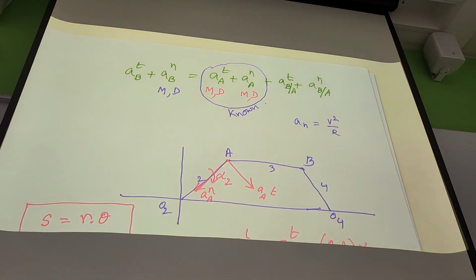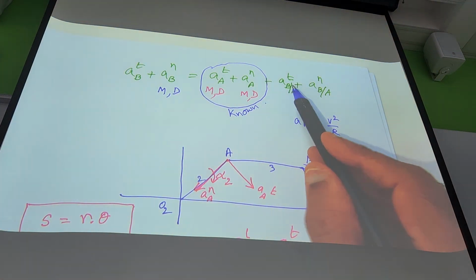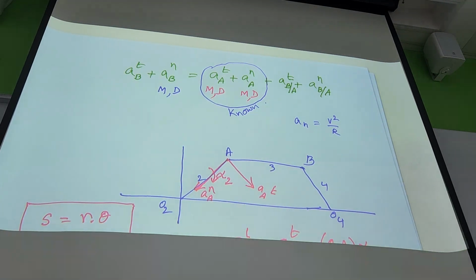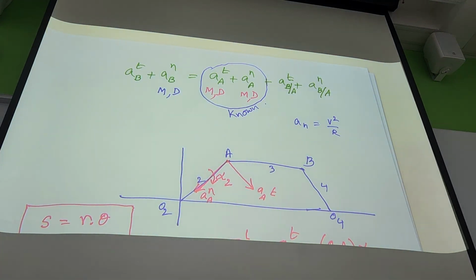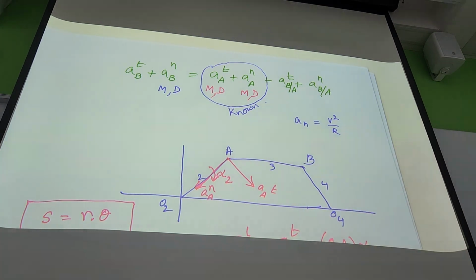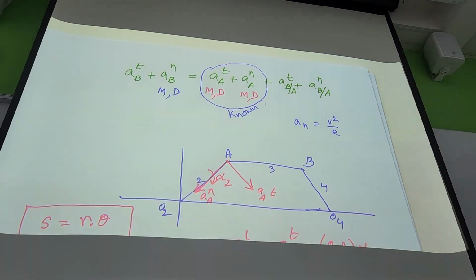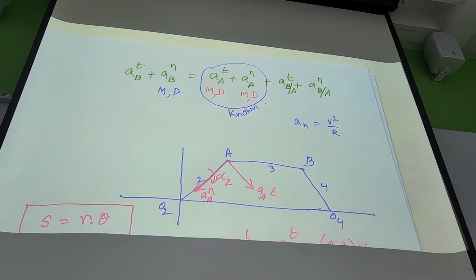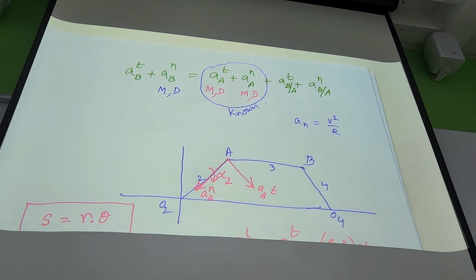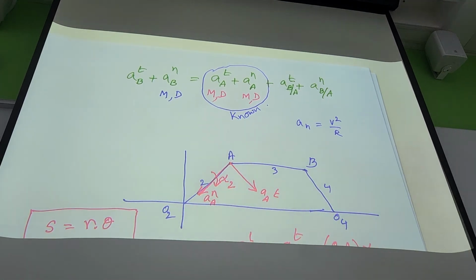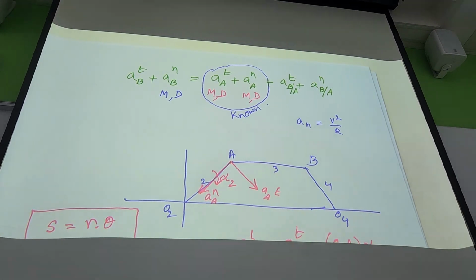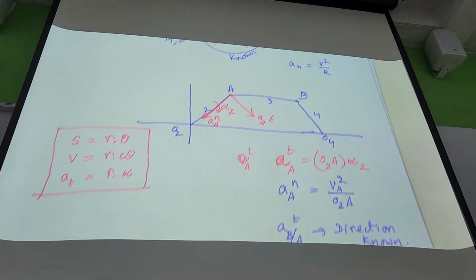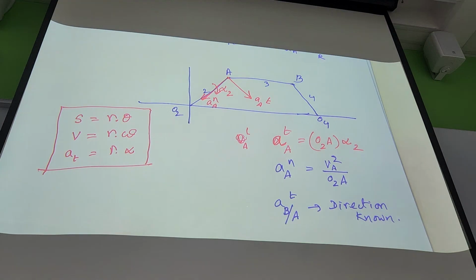Similarly, you know the BA tangent direction because you know the angular velocity of link 3.